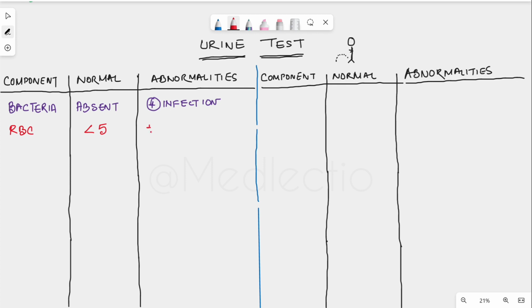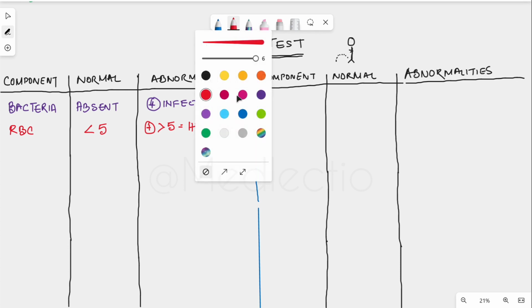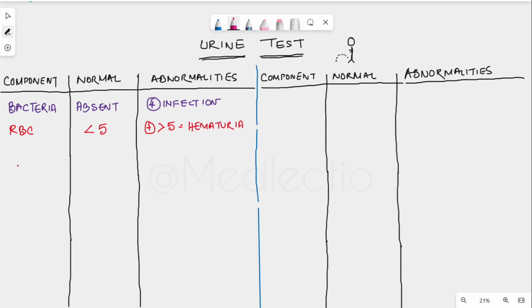More than 5 is called hematuria. There can be lots of problems where hematuria can occur. Basically there is some problem when you have blood in urine, whether you see microhematuria or macrohematuria. WBC is less than 5. If it is more than 10, then it is pyuria. Again we suspect UTI.